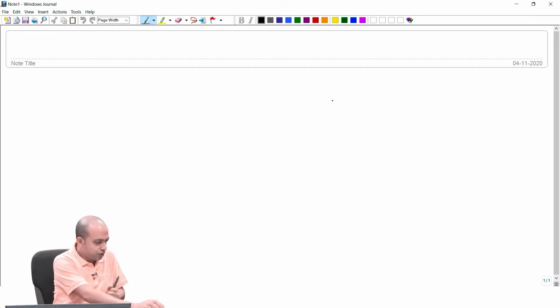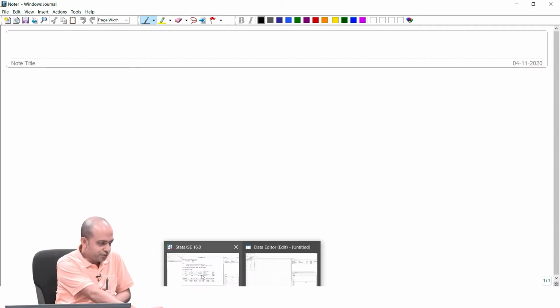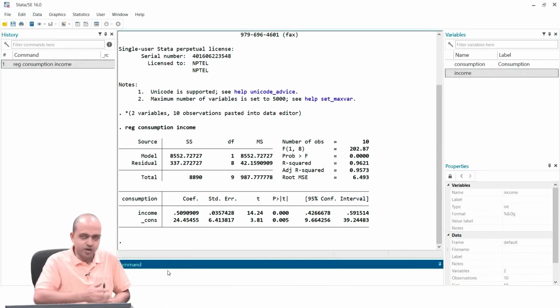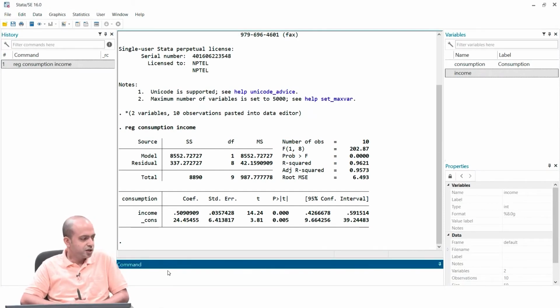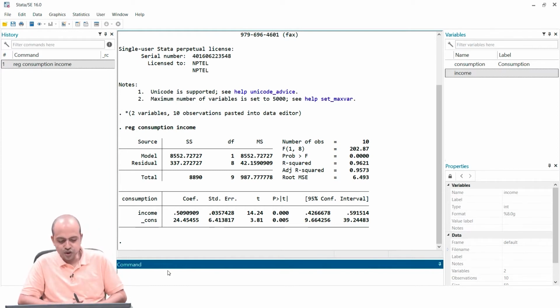Now, if we go back to our data set and do the estimation, this is our result. Look at the result. So, we have estimated a consumption function and we have only one explanatory variable, income, and the coefficient of income is 0.5090. That means, for a unit change in income, on an average consumption changes by 0.5090 unit.